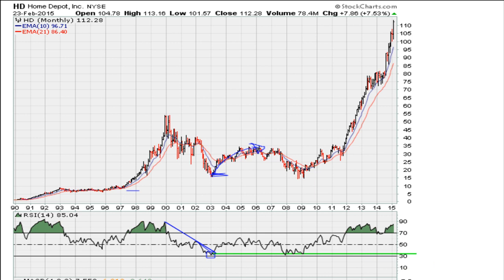And we can see that we continued making lower lows during that crash of 2008. And even though the RSI was finding uniform bounce support on the line, it was not very strong. So here you see an example where the RSI was doing its best to hold, and yes, we can see that it held, the RSI held, the price did not.